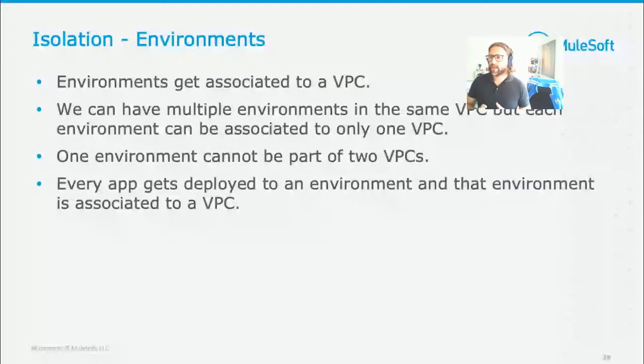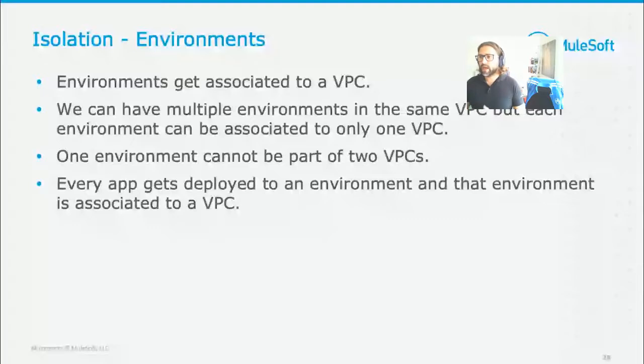Environments get associated to a VPC. The key here to understand is that we can have multiple environments in the same VPC, but each environment can be associated to only one VPC. So in other words, one environment cannot be part of two VPCs.